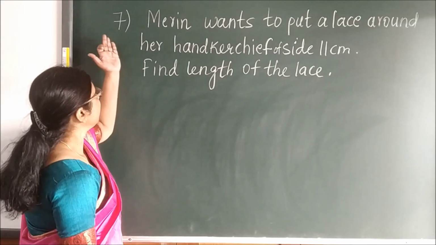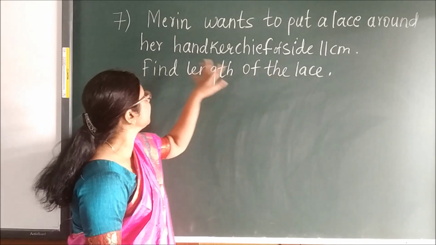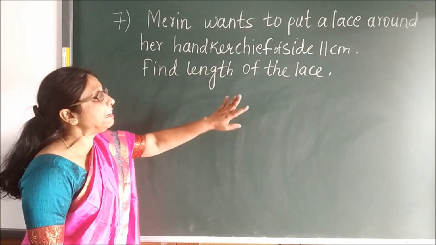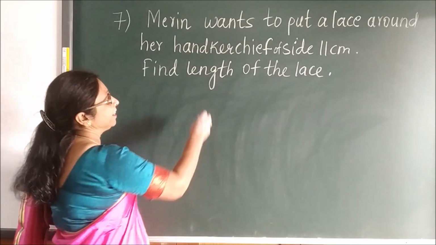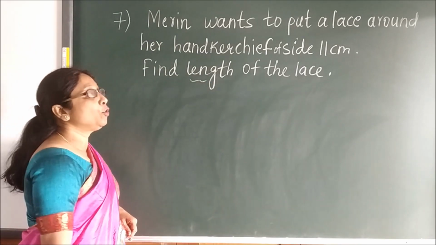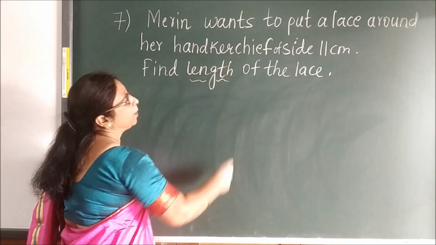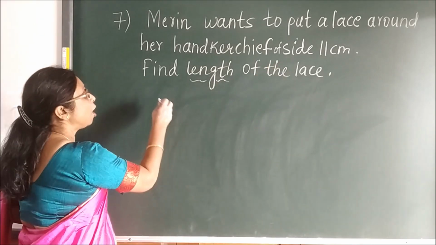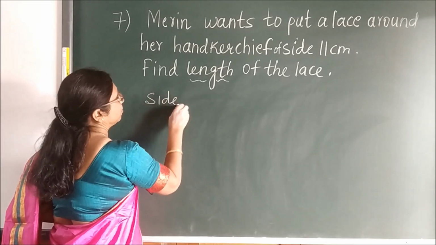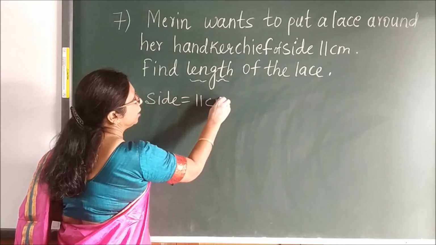Now here 7th one, Viren wants to put a lace around her handkerchief, side length of 11 centimeter. Find the length of the lace. Again the length is given. So use the formula of perimeter. But what formula are you going to use? Side is given. So perimeter of square you will use. So side is equal to 11 centimeter.